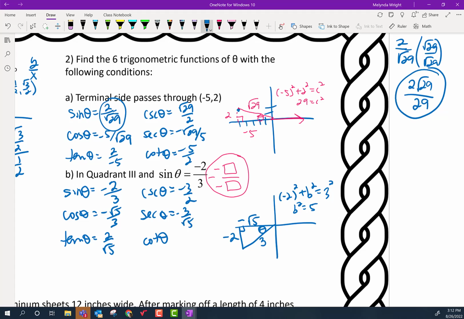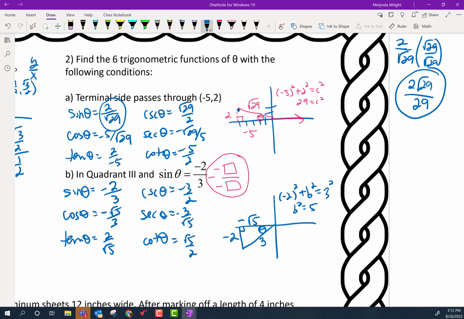And cotangent would be just the flip. Whew. Once you get the triangle done, the numbers should not be too bad. Okay, how are we doing? So that is our 6 trig functions with that criteria.